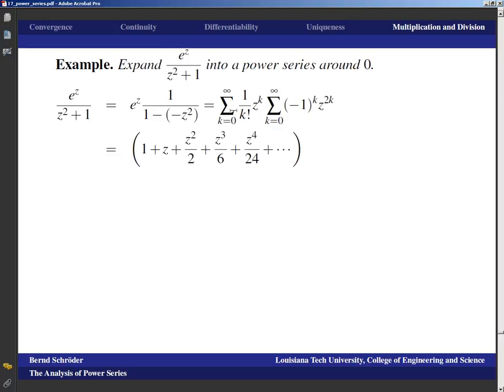And that means the first sum is 1 plus z plus z squared over 2 plus z cubed over 3 factorial, which is 6, plus z to the 4th over 4 factorial, which is 24, and so on, times 1 minus z squared plus z to the 4th minus z to the 6th, and so on.